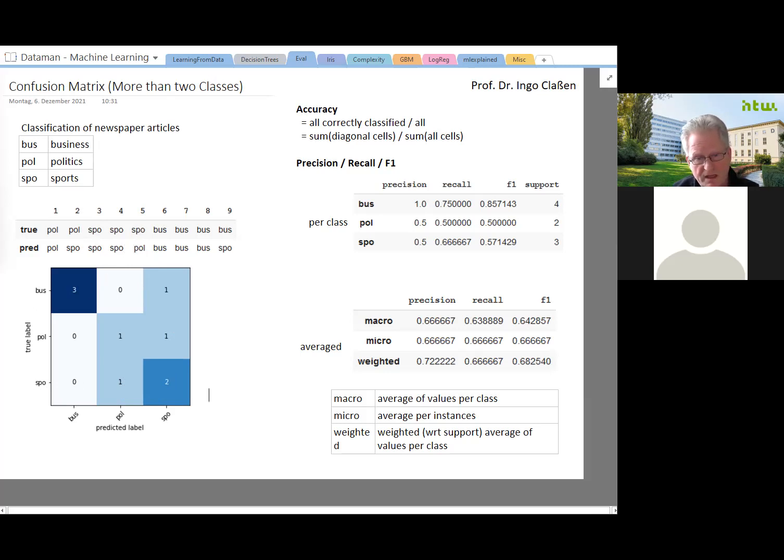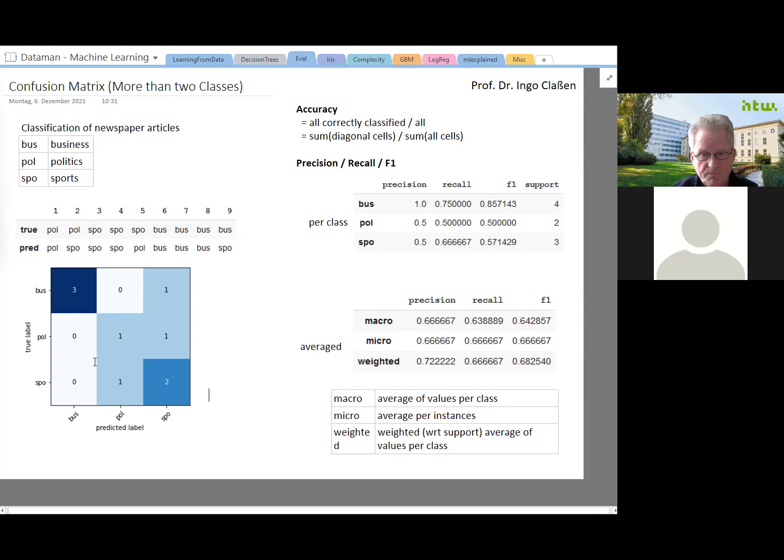And so, taking all the different values here, for example, those that were business: there were 3 that were business, 2 of them we have predicted as business, and one of them we have predicted as sports, but none we have predicted as politics. This is a 0 here.